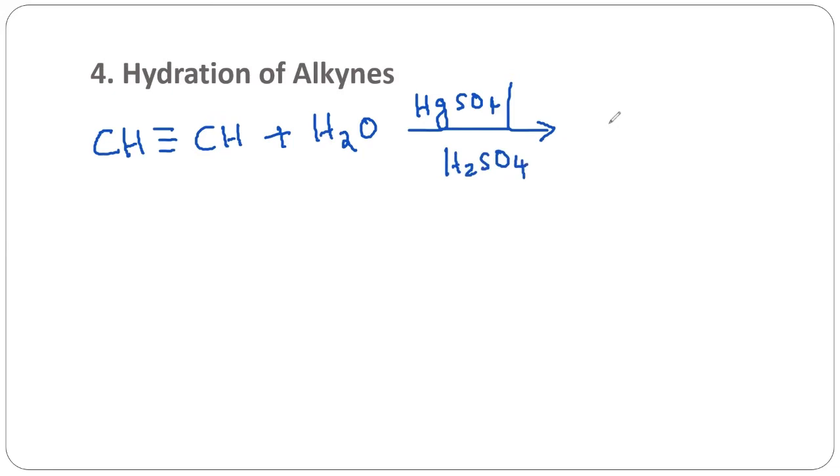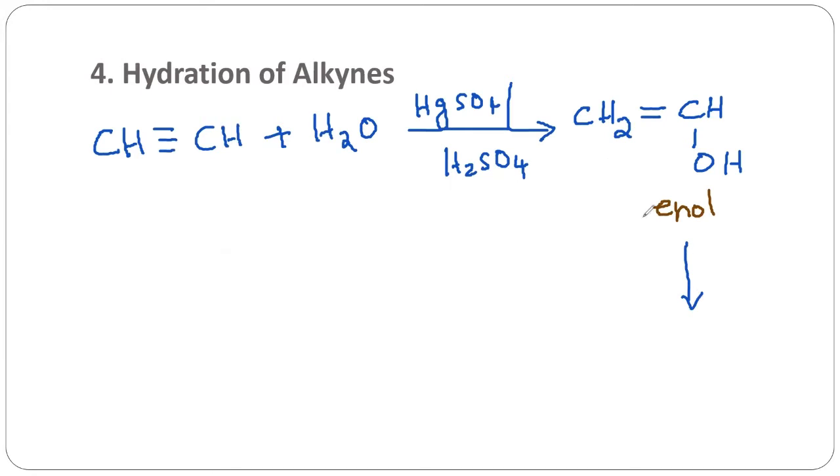What first happens is an addition according to the Markovnikov rule. So here Markovnikov rule doesn't matter. So this becomes CH2 double bond CHOH. Water adds across the triple bond. The compound that you get here is called an enol because it has an alcohol and it has a double bond.